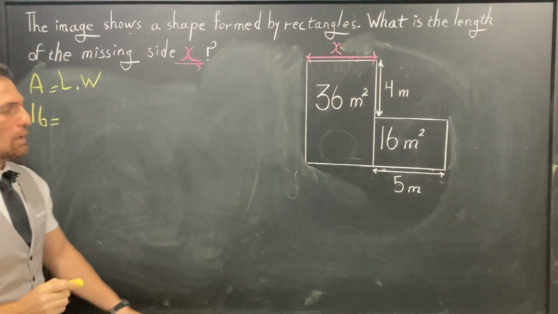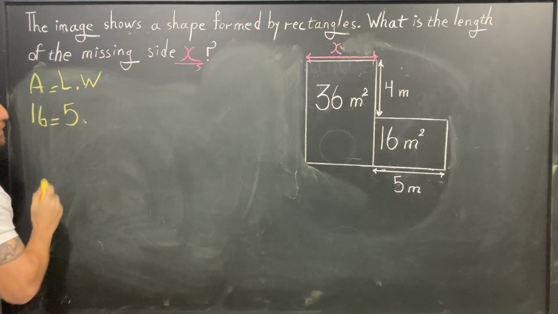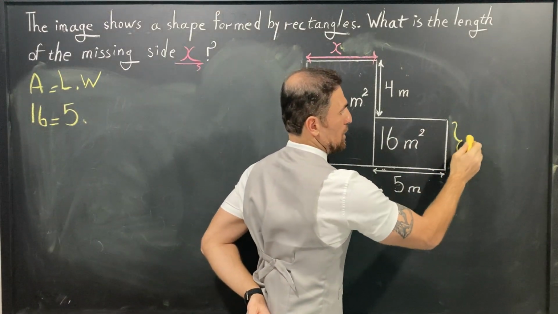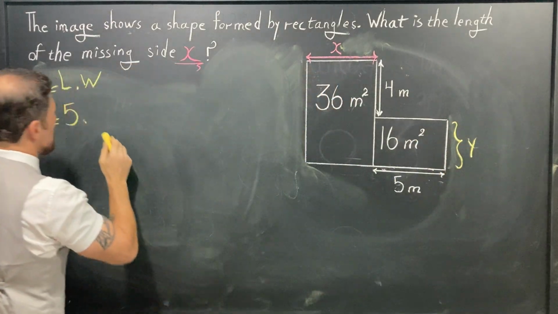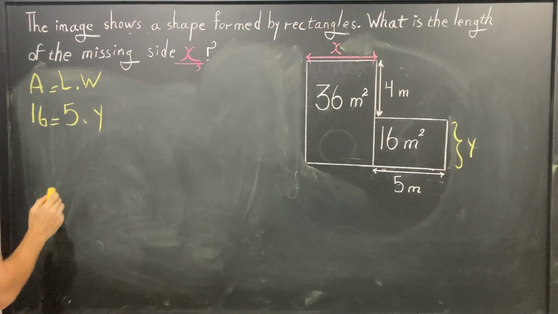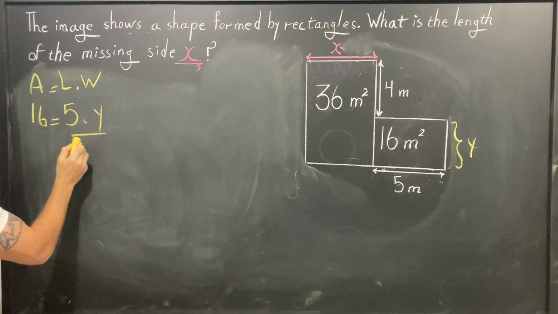16 equals this side 5 times this side, I want to call it y. So we are going to find y. To find the y, it's enough we divide both sides by 5.